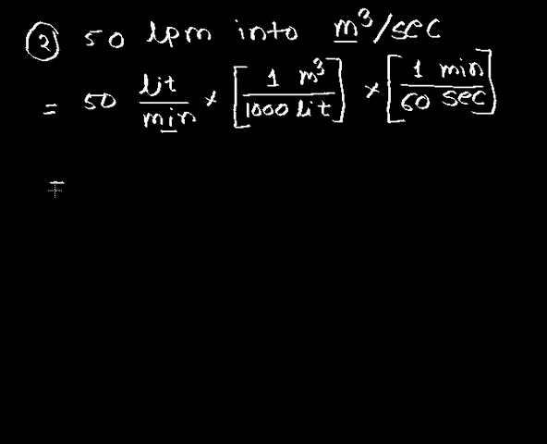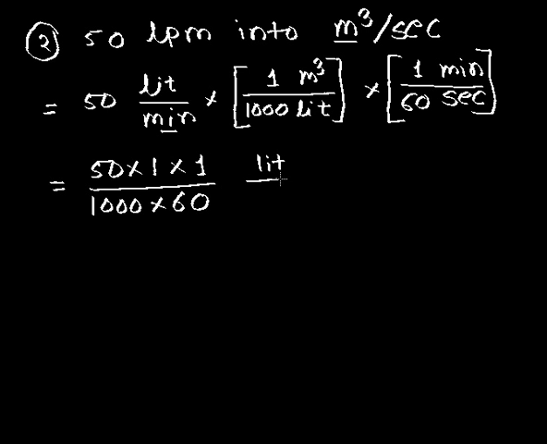Now take out the constant values from numerator and denominator. 50 into 1 from the first bracket and 1 from the second bracket, divided by 1000 from the first bracket and 60 from the second bracket. What remains is liter per minute, the original unit. From the first bracket we get meter cube per liter, and from the second bracket we get minute upon second.